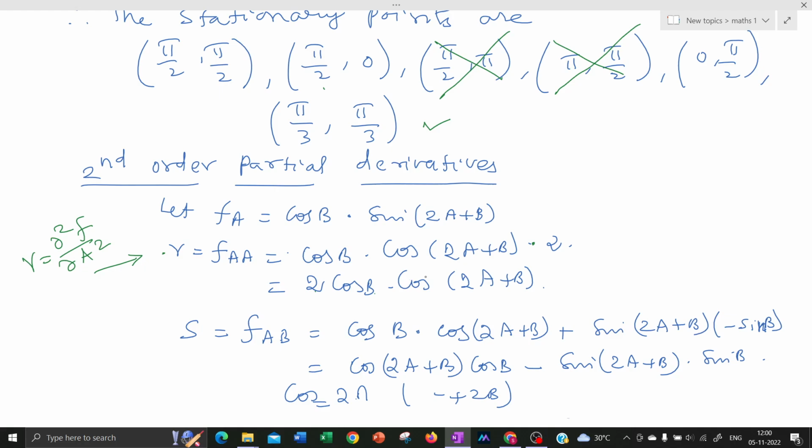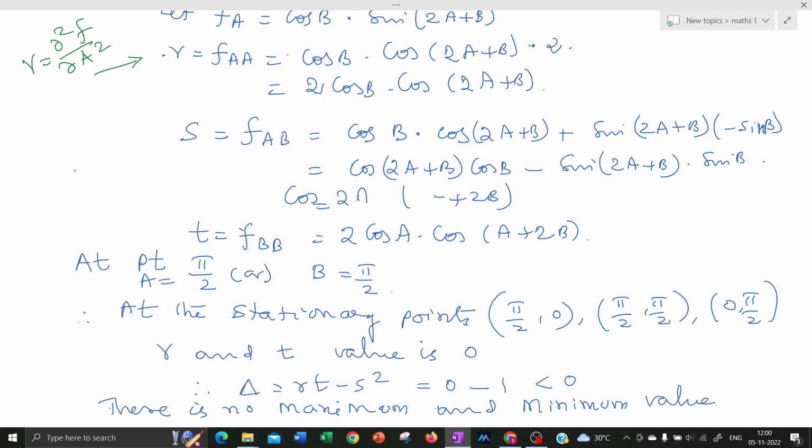So r equals 2 cos b cos of 2a plus b. That is the r value. S value, what is S? S equal to dou square f by dou a dou b, that means fab, that is equal to, we will get 2 cos of 2a plus 2b.